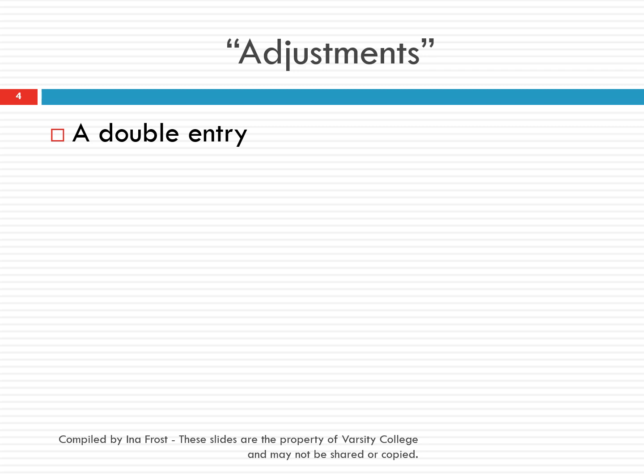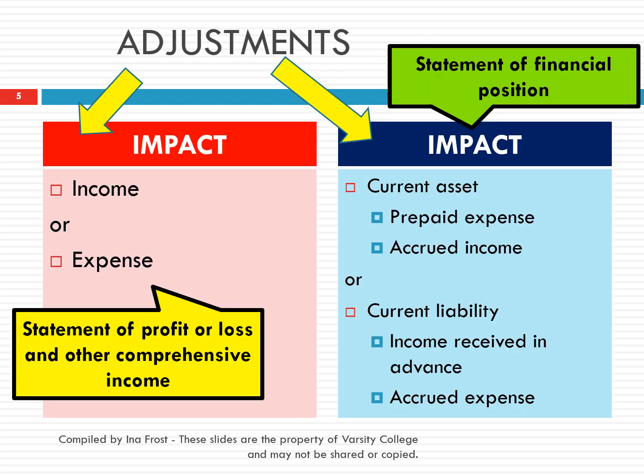These adjustments that we then have to make to reflect our income and expenses at the correct amounts are double entries. In other words, we need a debit and we need a credit. These adjustment entries will always impact two sides.